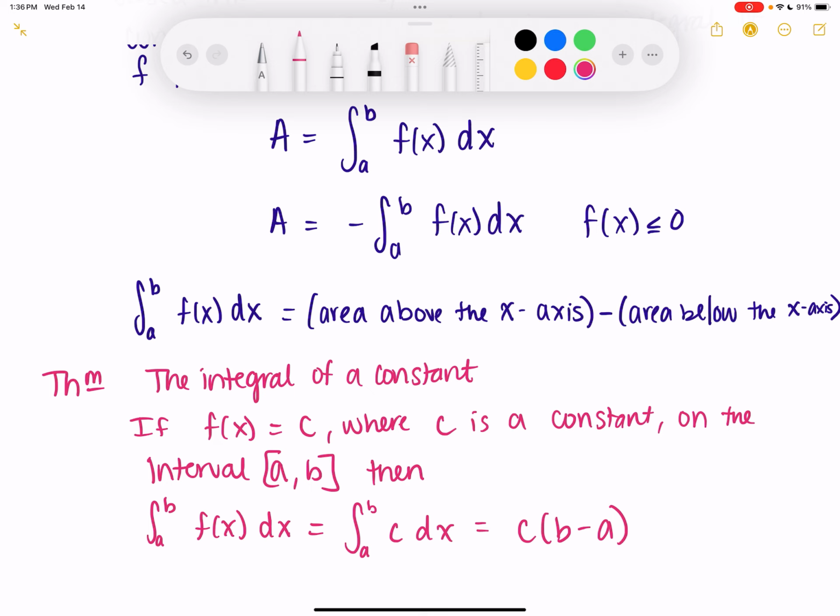And so essentially, the reason this is the case is because c is a constant number. So this would be the integral from a to b of 5. Okay, the antiderivative of 5 is what? 5x, right? So then we replace x with b minus a because there's only one x in there. Otherwise, normally it's done in pieces, but because this is a constant, this one gets done all as one piece. But it'll make more sense when you actually see it with numbers and not letters in it.